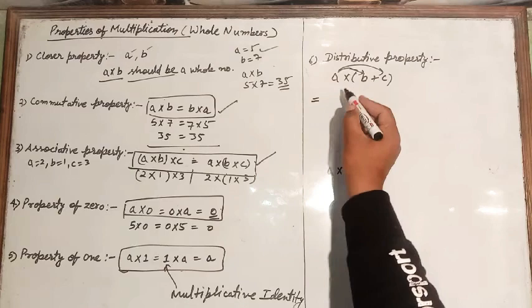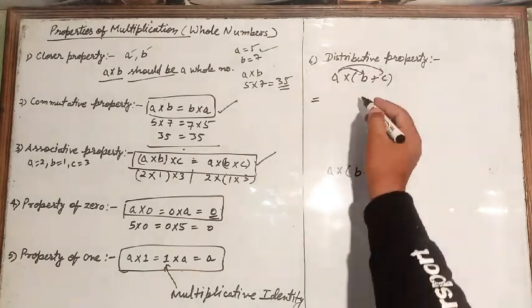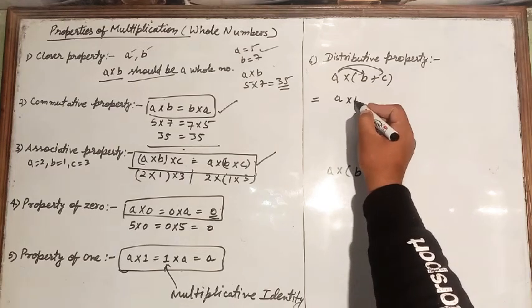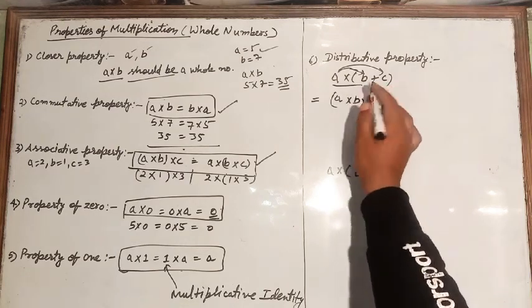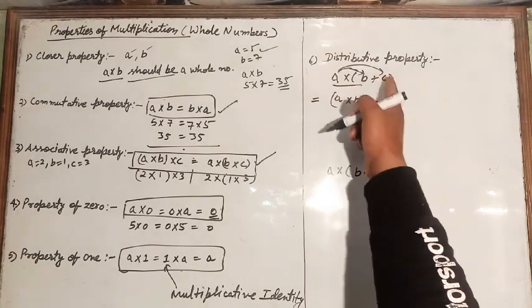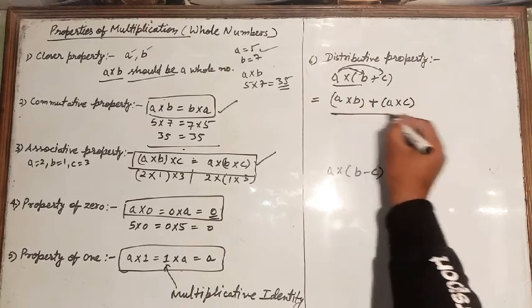So we write A into B, plus sign, and then A into C.